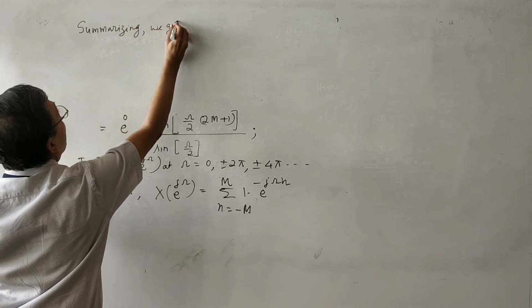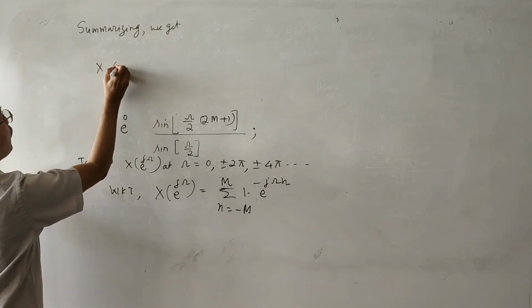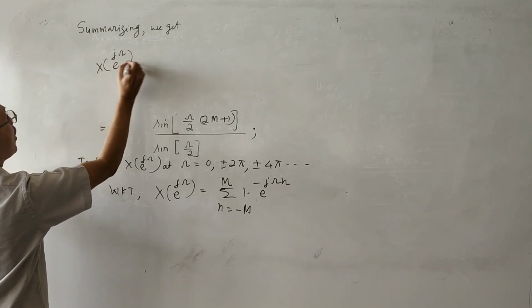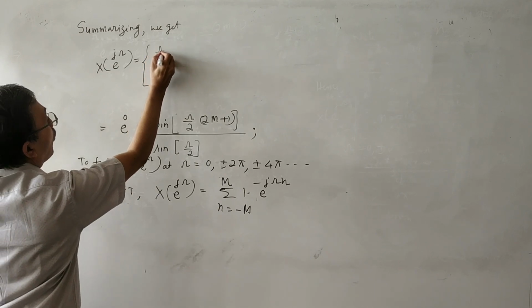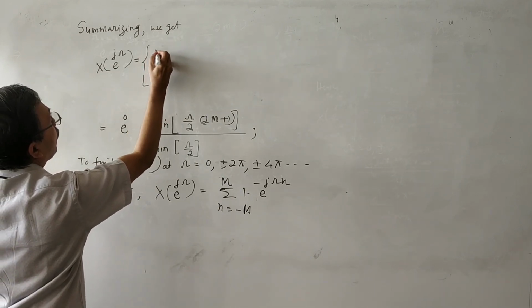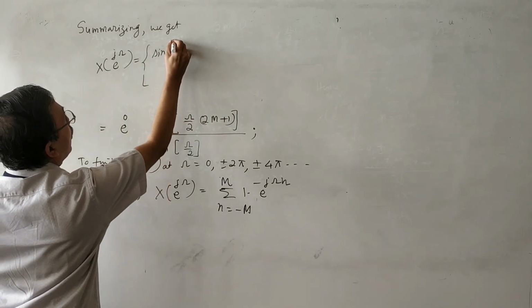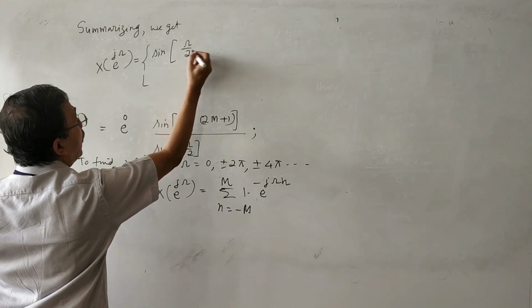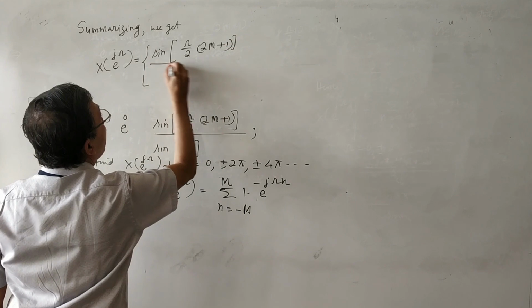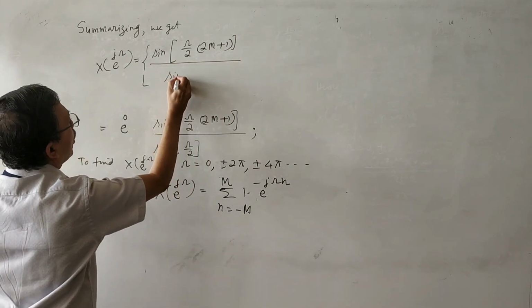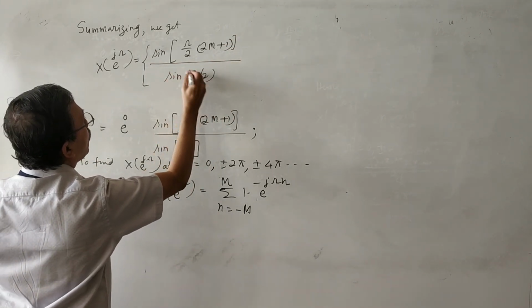We get x of e power j omega equals sine of omega by 2 into 2M plus 1, divided by sine of omega by 2.